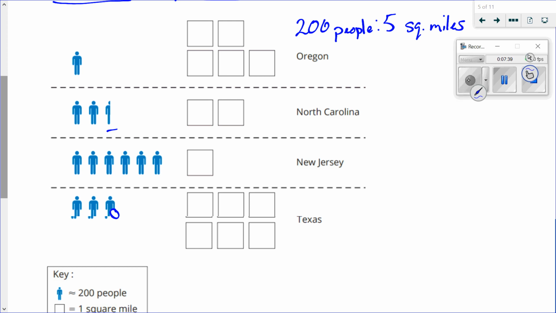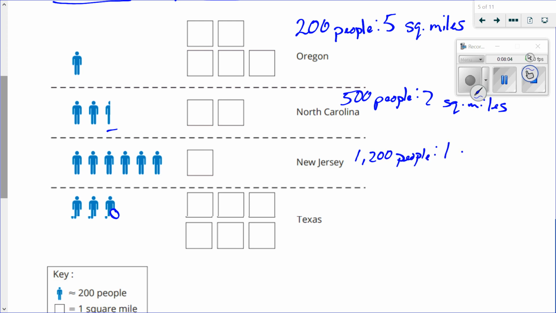Okay, so we already did the first one for you, so let's look at the other ones. So our second one, we got 2 whole people and a half of another one, so that makes that 500 people. 500. And 2 square miles. This next one, 1, 2, 3, 4, 5, 6 times 2 gives us 1,200 people.